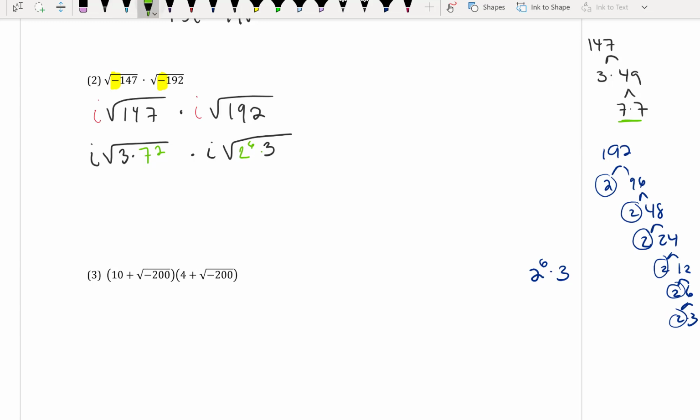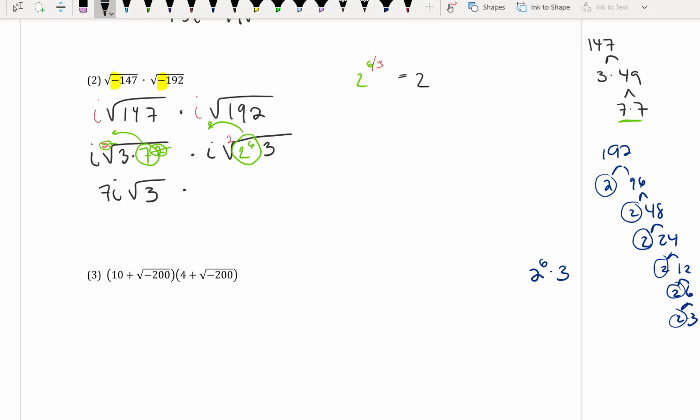So now, because I know that my index is a 2, because that's what it defaults as a square root, well, I know that this 2 divides this exponent of 2, so the 7 can jump out. So I'm left with 7i square root 3 times, and now this 2 gets to jump out. And remember, I divide by that index.